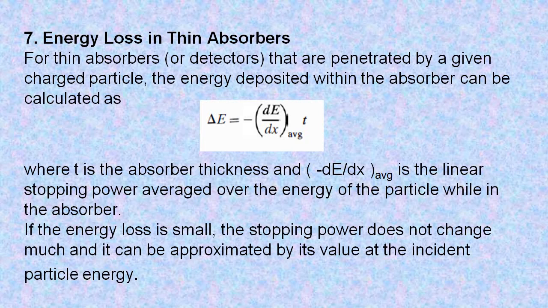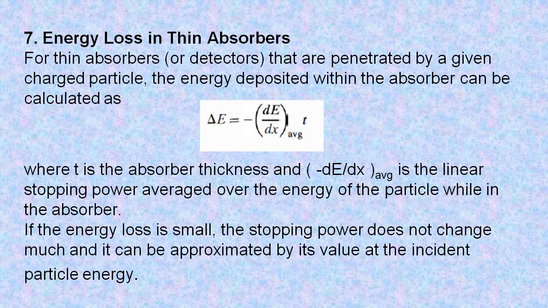It is entering that absorber with a particular energy, and it is piercing that absorber and coming out with an energy which is less than the initial energy, so that some energy is lost within the absorber.